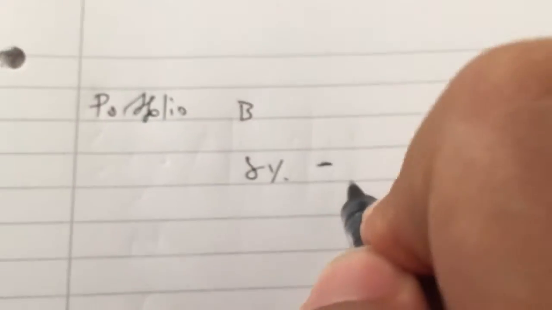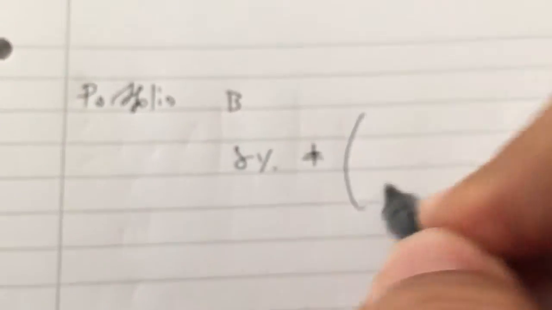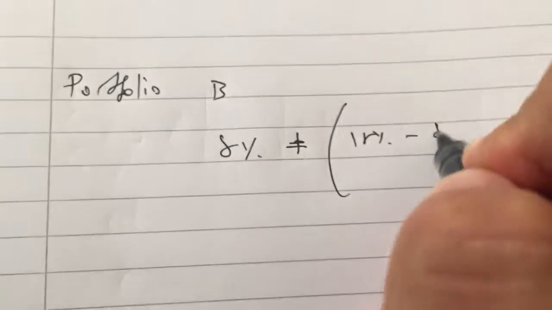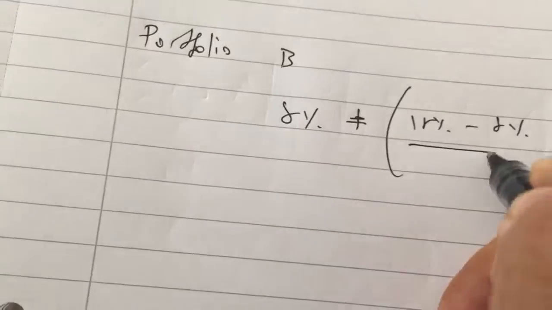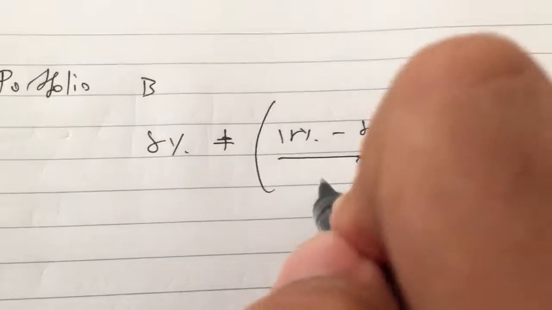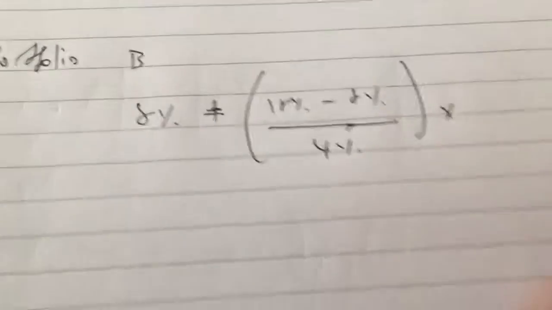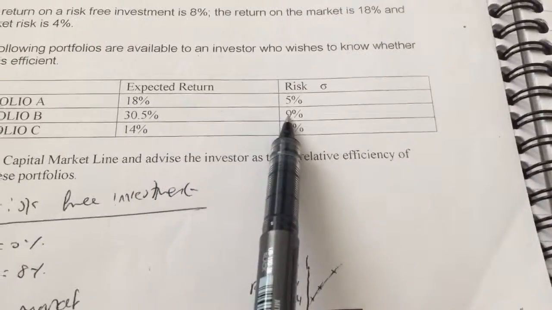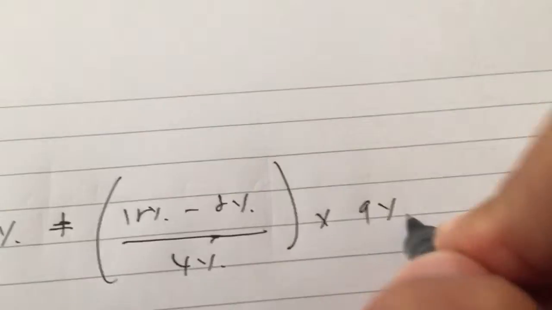8% plus 18% minus 8%, all divided by the risk of the market. The risk of the market we already know is 4%. This time we're going to multiply it by the risk of portfolio B, which we know is 9%.